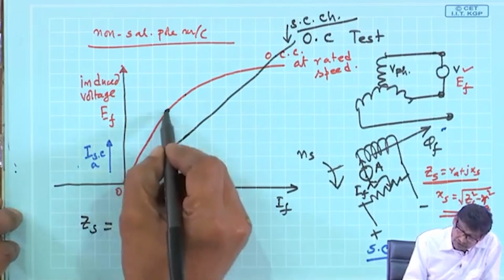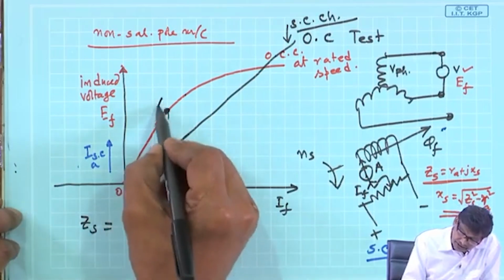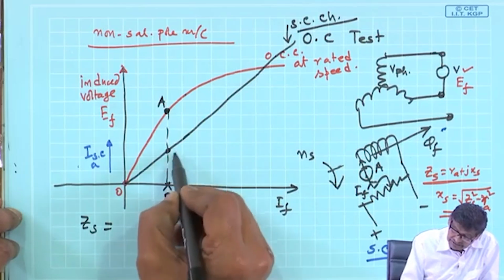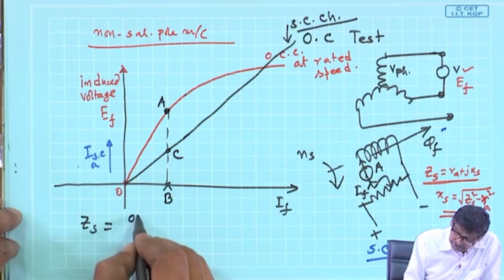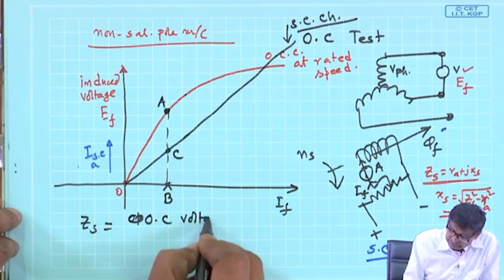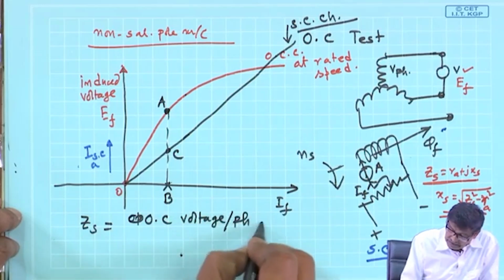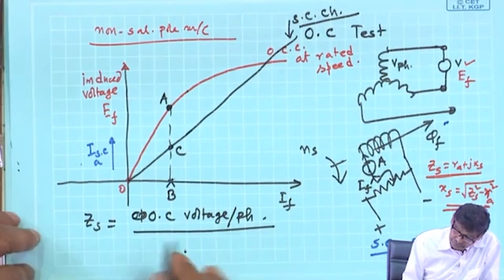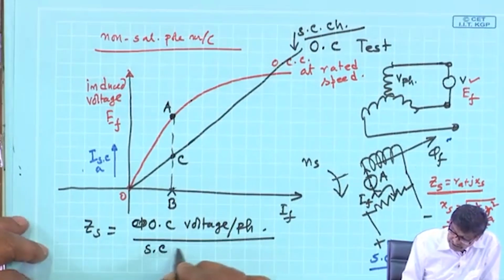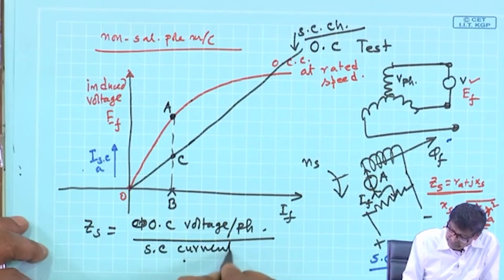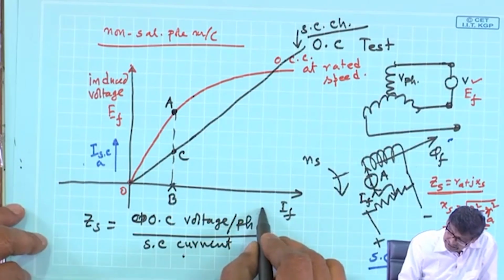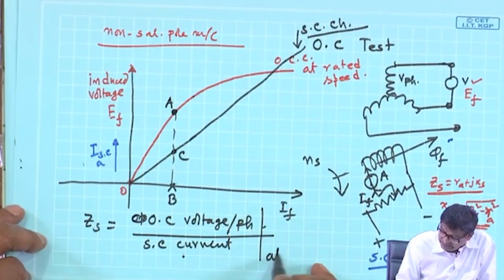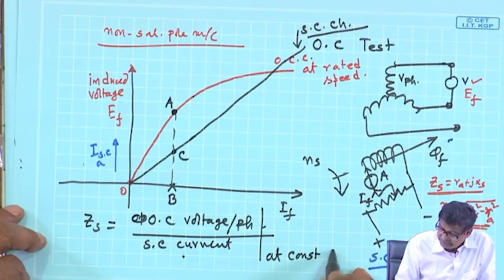If I call this AB and this AC, ZS will be the open circuit voltage per phase divided by the short circuit current per phase, because star connected is assumed, but you have to calculate this at constant IF.